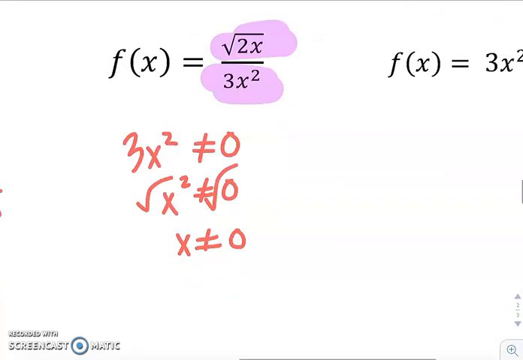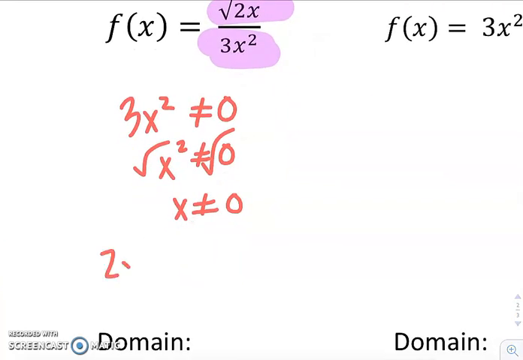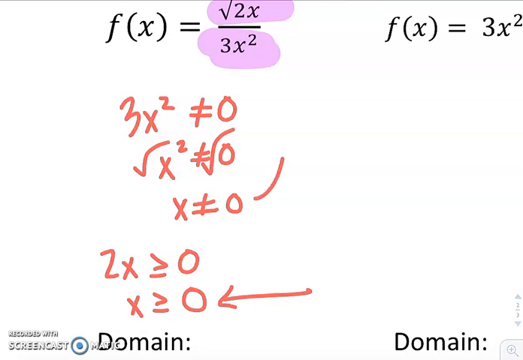x can't be 0. But if you solve for 2x being greater than or equal to 0, x would be greater than or equal to 0. So this one says, well, we could include 0 as long as that wouldn't make it negative. But because of the fraction, that one isn't including 0.